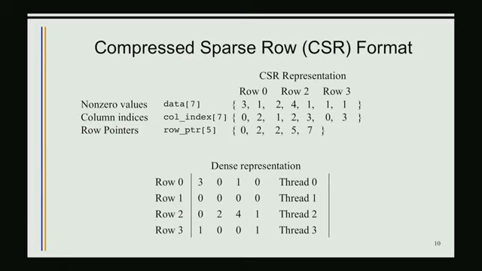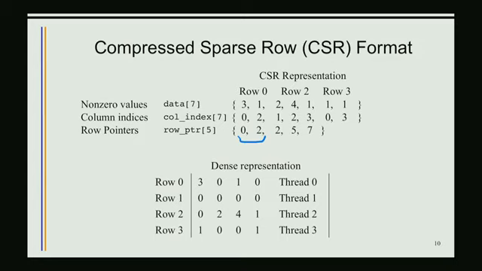So the 0 and the 2 correspond to the start and the end of row 0. And again, we're storing the end plus 1.